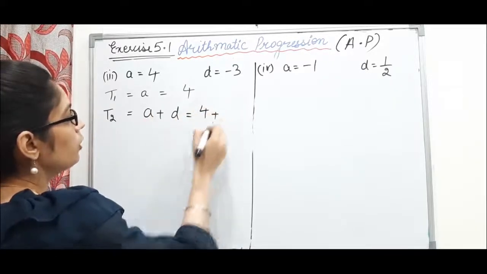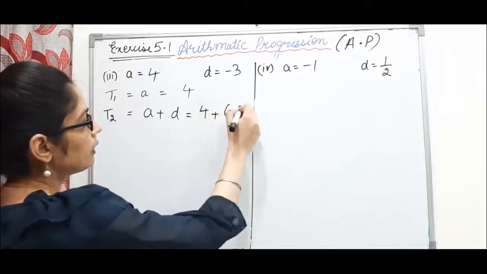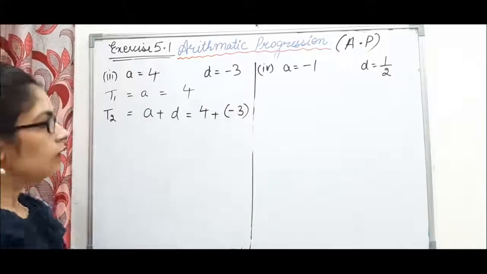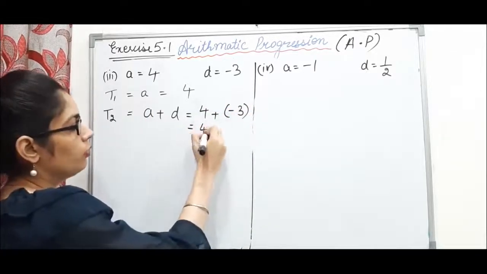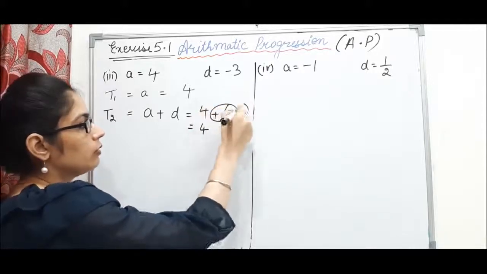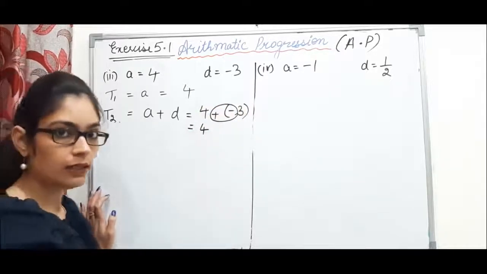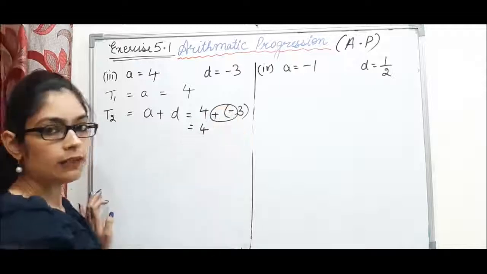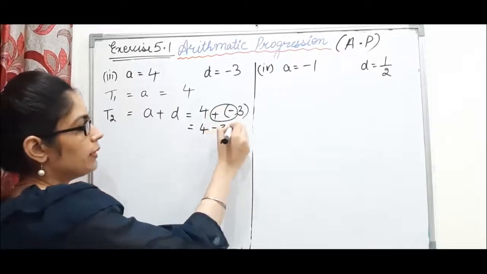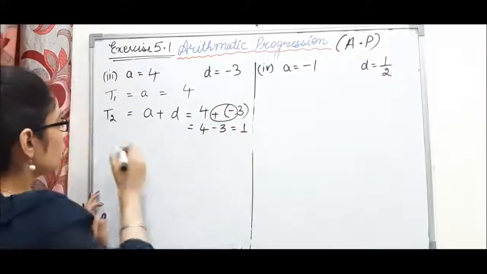A is 4 plus d is minus 3. See, 2 signs together, we have to make it a single sign and then we can solve it. Plus minus is minus, so 4 minus 3 is 1.